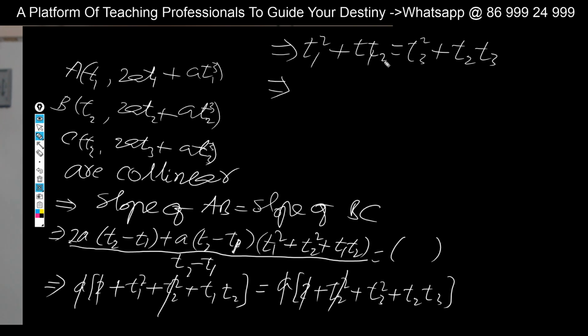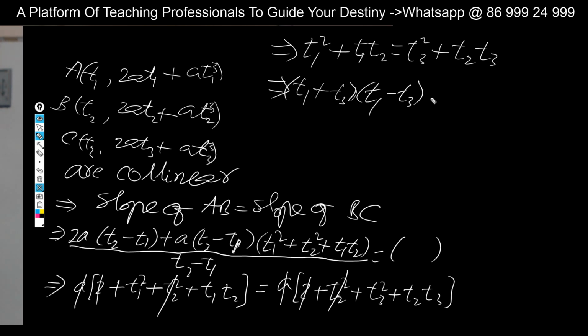Now let us see what terms we will get common to get the answer. Let us take the factors involved in this one. t1 square minus t3 square, t1 plus t3: a plus b into a minus b. I wrote these two.